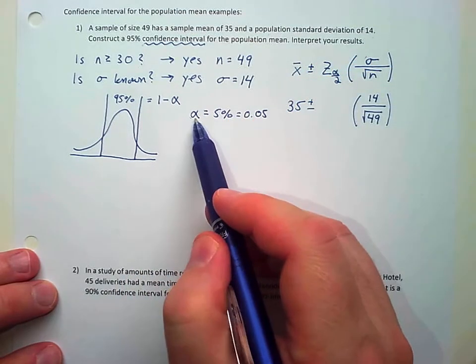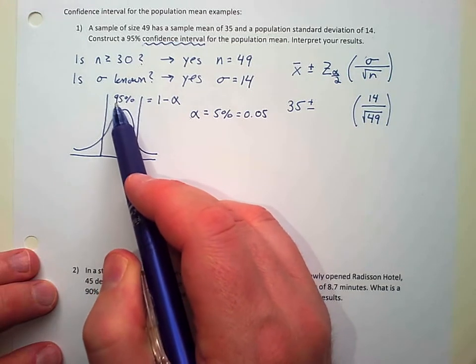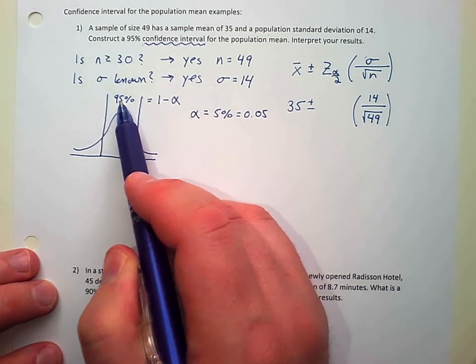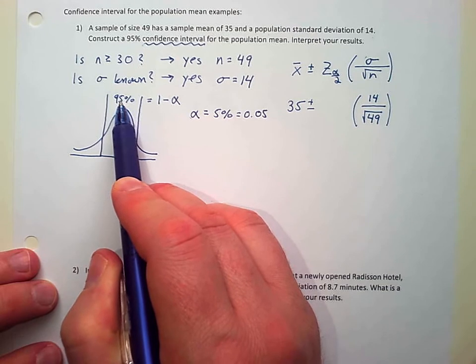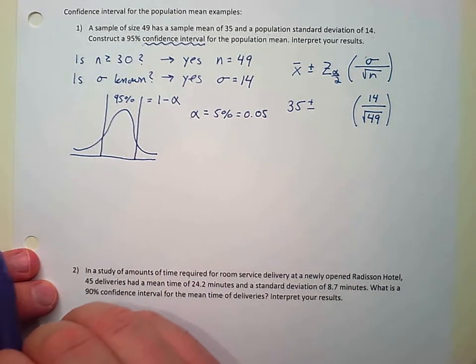Remember that alpha is whatever is left over from our confidence level to 100%. So here our confidence level is at 95%. To get to 100% is 5%, so therefore alpha is going to be equal to 5%.